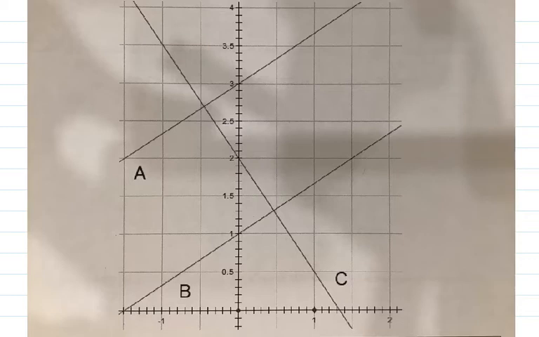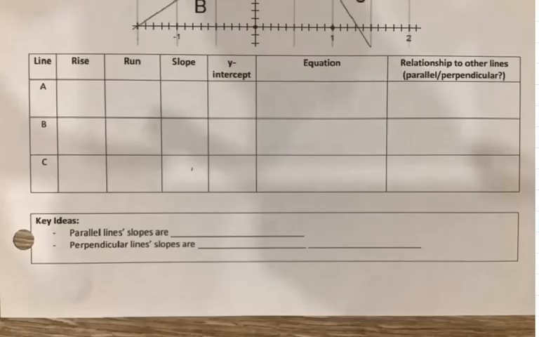If you look at A, you're going to see that it goes from 4 to 2. So 4 minus 2 means it has risen 2. In the rise here, you should write 4 minus 2 equals 2.